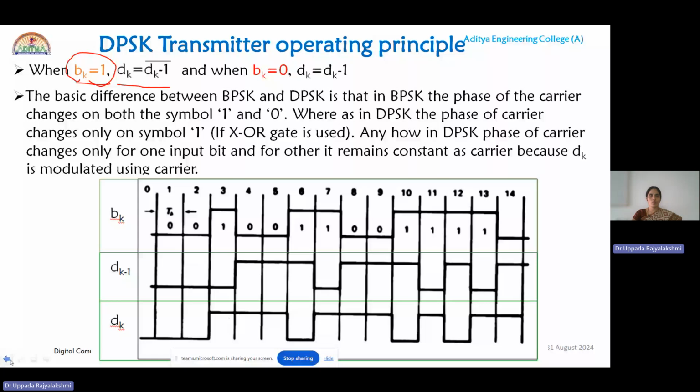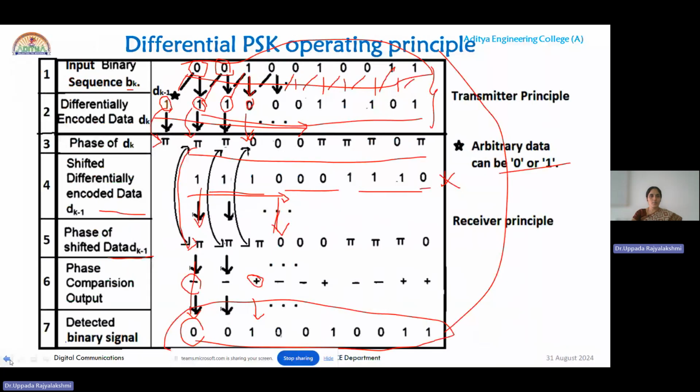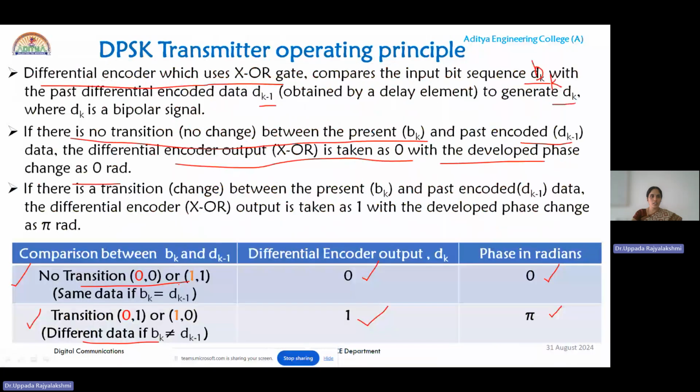Let us move to the previous slide. In this slide, you can observe that if the data bit bk is 1, and dk minus 1 is 1 or 0, you can see the outputs as 0 and 1. That is, whenever bk is 1, dk is the complement of dk minus 1.